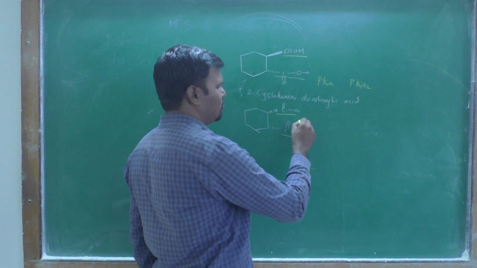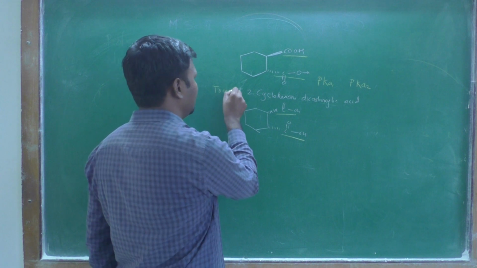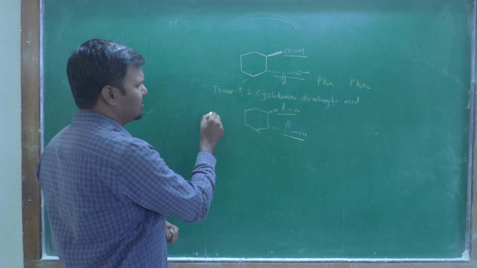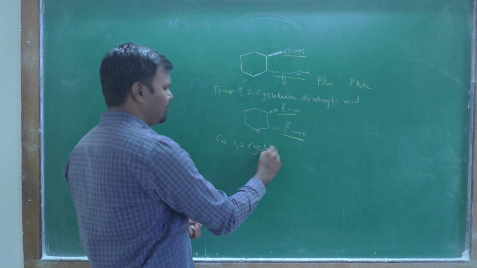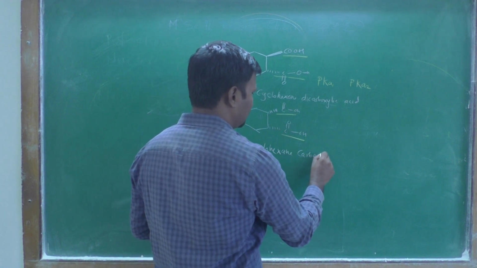In this case, the trans isomer, 1,2 trans, has COOH groups away from each other, and the second is the cis 1,2 cyclohexane dicarboxylic acid.